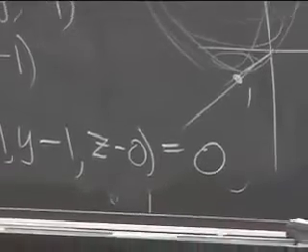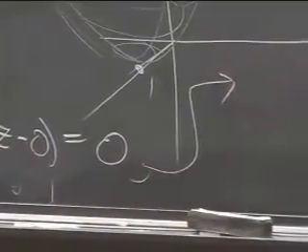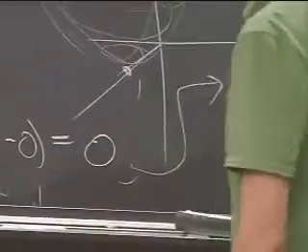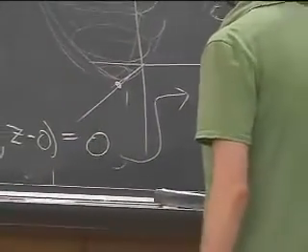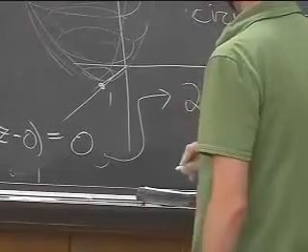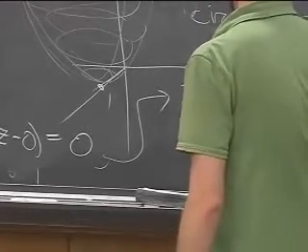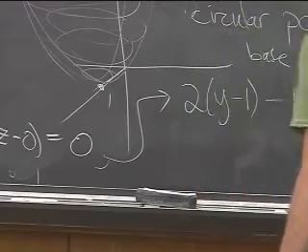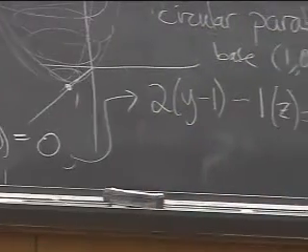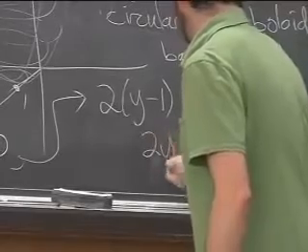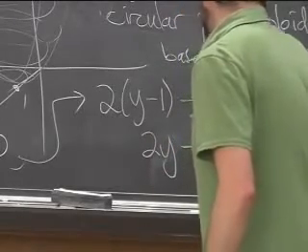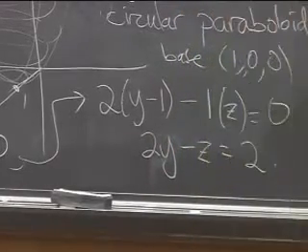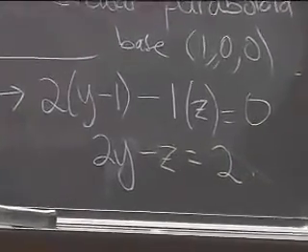And if you work this out, which I will do over here, you get 0 times (x minus 1) plus 2 times (y minus 1) minus 1 times (z minus 0) equals 0. And simplifying that a little bit, you get 2y minus z equals 2. That's the equation of the tangent plane.